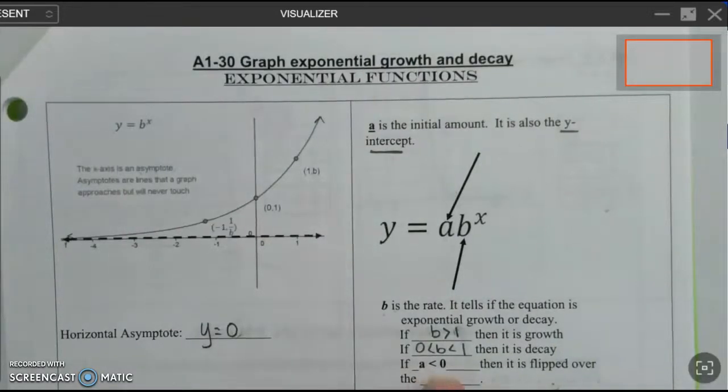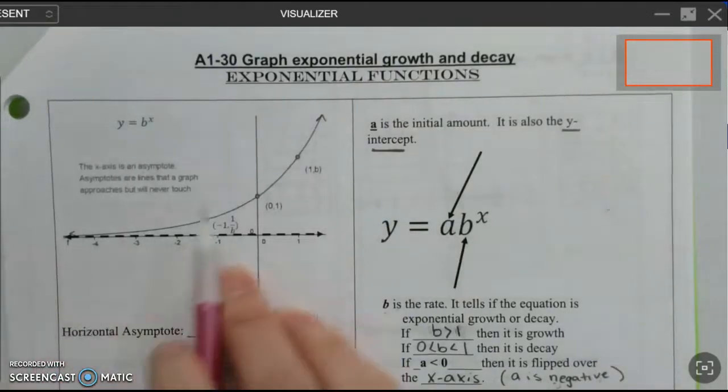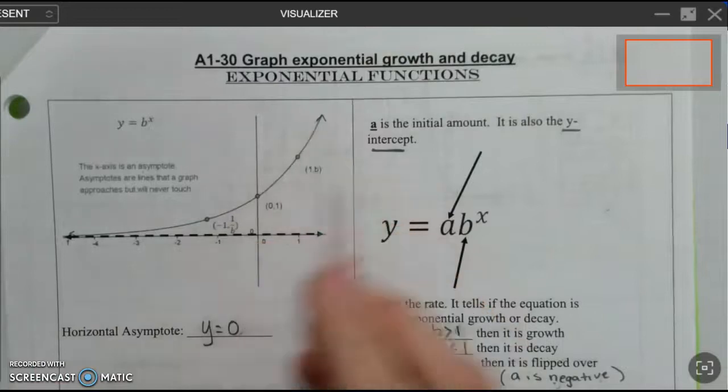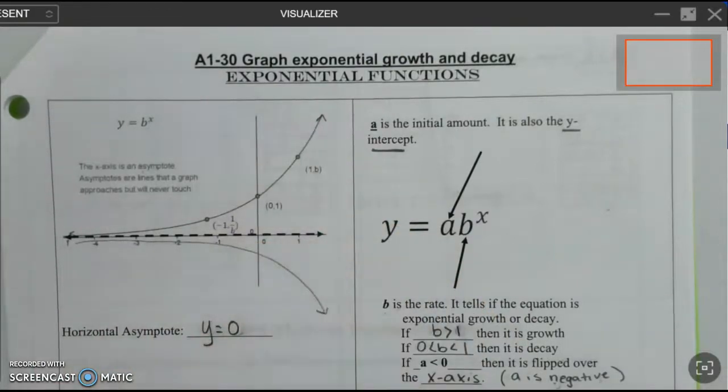If a is less than 0, this function is going to be flipped over the x-axis. Now, what does that mean, less than 0? That means a is negative. If a is negative, instead of being a growth function like so, what you're going to see is a function upside down.